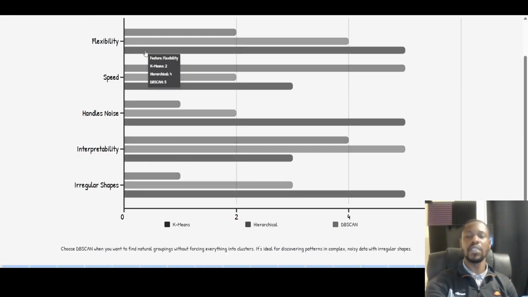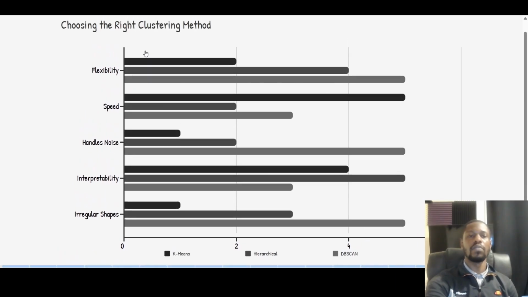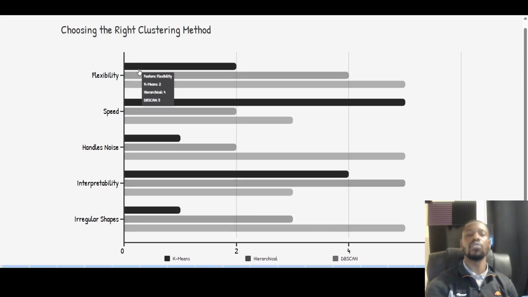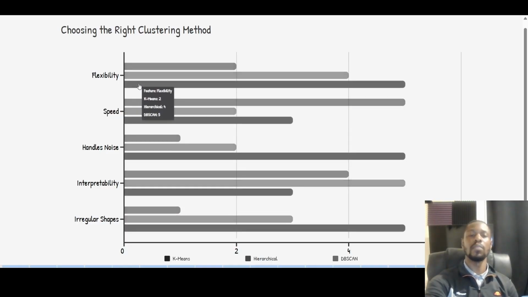I've given each a rating score in terms of its key features. If you want flexibility, k-means is forcing everyone into a group, so it has the least flexibility. Hierarchical is a lot better because it starts to show the relationships between each one. But density-based scan is the most flexible as it's the most natural.